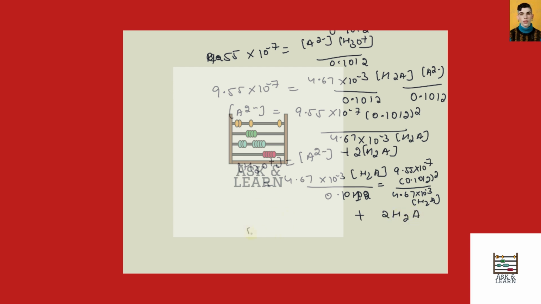After solving this, we get the H2A value equals 0.0024 molar.